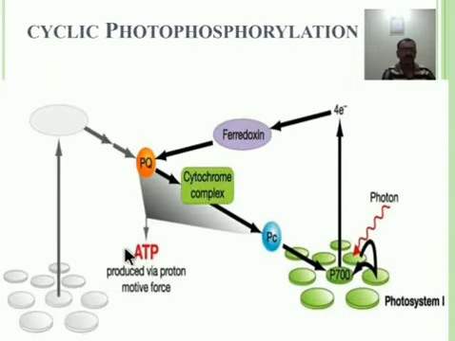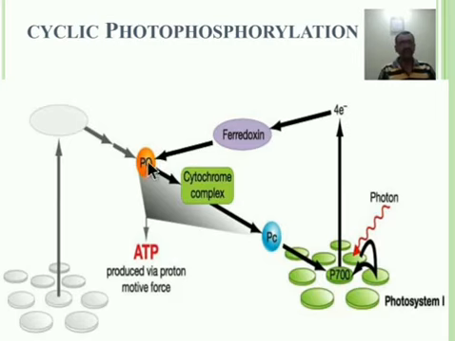This is another diagram from the photosystem first. Photons come to the reaction center P700. Excitation of the electron takes place. They come through the ferredoxin toward the plastoquinone.